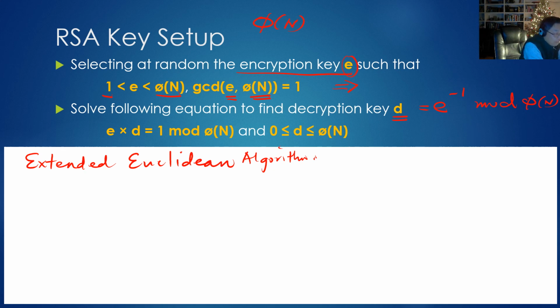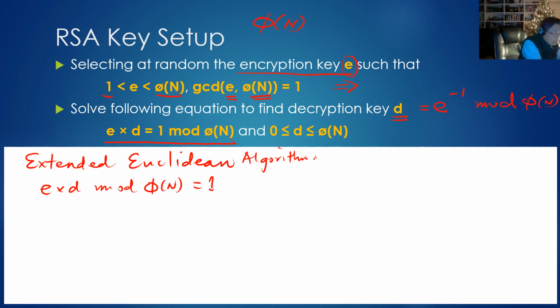So we can easily find D such that E times D equals 1 modulo phi of n.